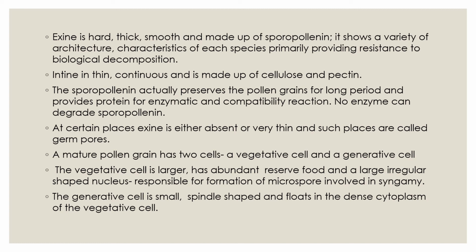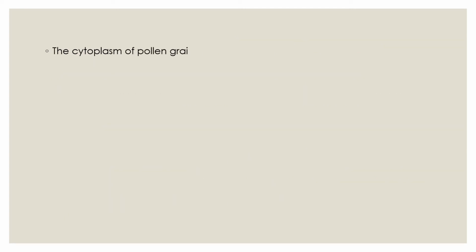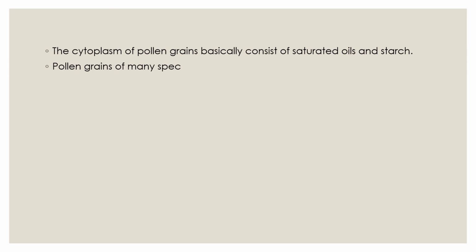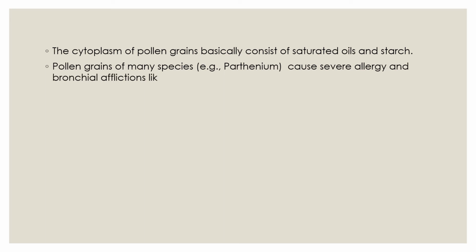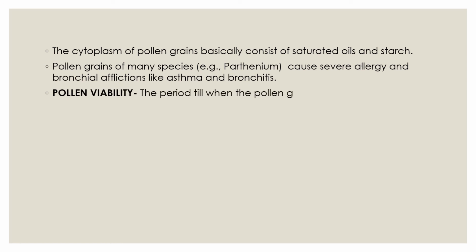The generative cell is small, spindle shaped and floats in the dense cytoplasm of the vegetative cell. The cytoplasm of pollen grains basically consists of saturated oils and starch. The pollen grains of many species such as Parthenium cause severe allergy and bronchial afflictions like asthma and bronchitis.